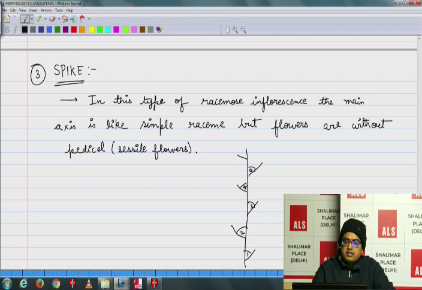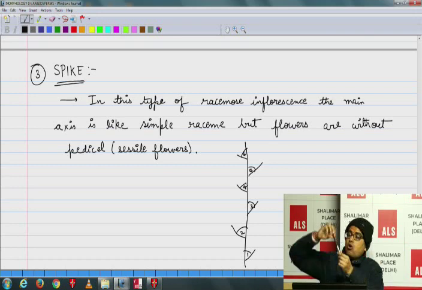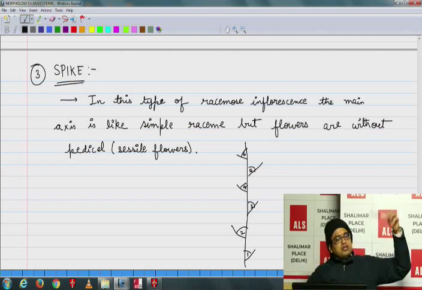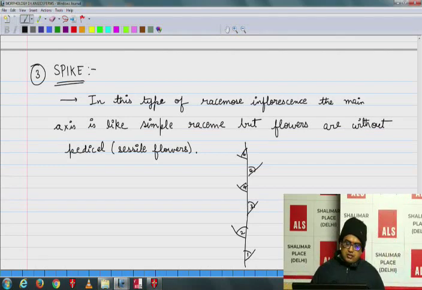You can see the flowers are directly attached to the main axis. So they will look like they are sticking to the main axis. And when the seeds are formed, it will look like a long axis having lots and lots of seeds sticking to the inflorescence axis.